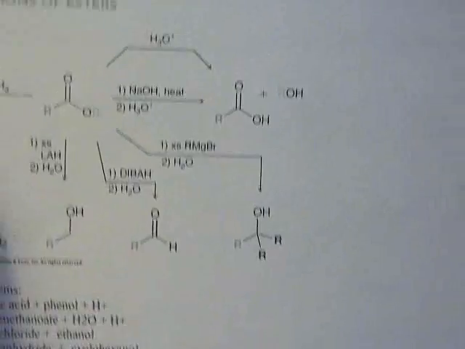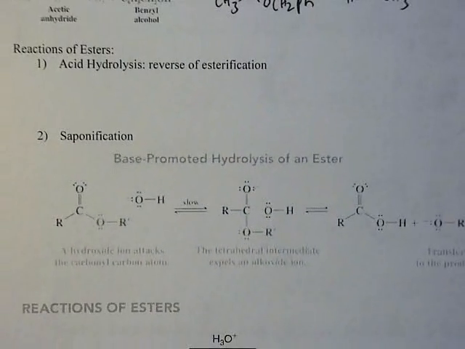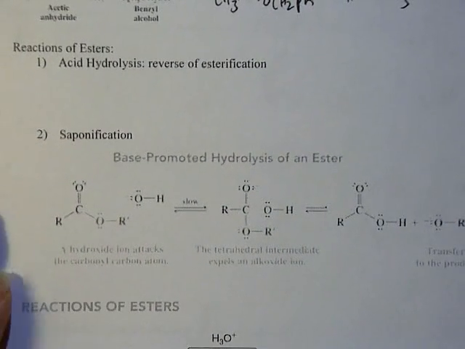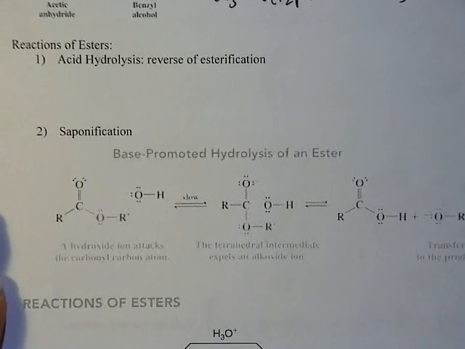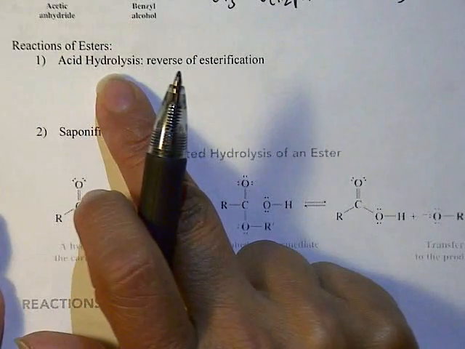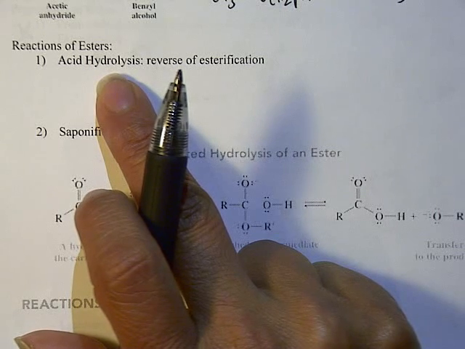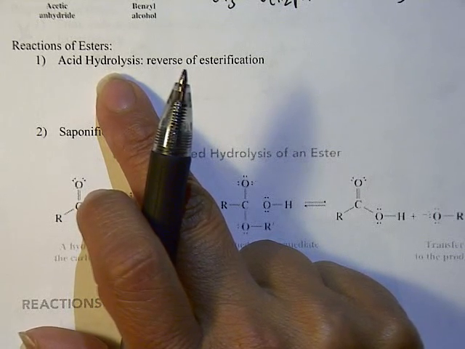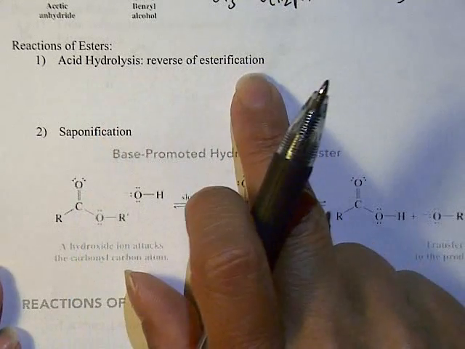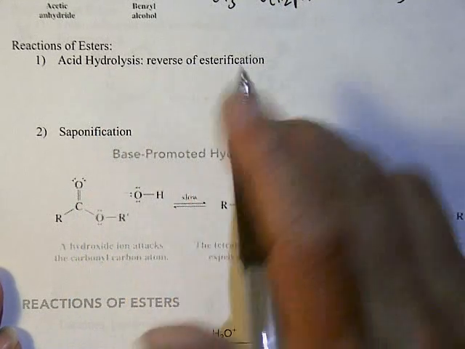So now we can move on to the reactions of esters, and there are basically 2 big reactions that you should be familiar with, and one is the acid hydrolysis of the ester. So that's basically, like I said before, the reverse of the esterification reaction that you saw on the previous page.